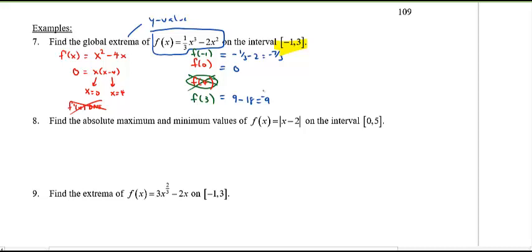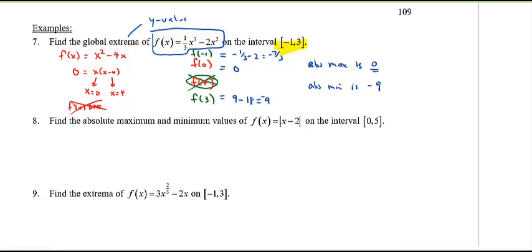Okay, so now once you've found the y values, you should be able to tell me the global extrema. So the global, or the absolute maximum value is 0, and the absolute minimum value is negative 9. Alright, that's it.